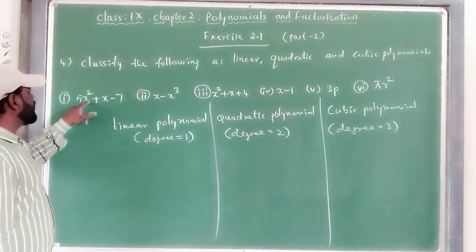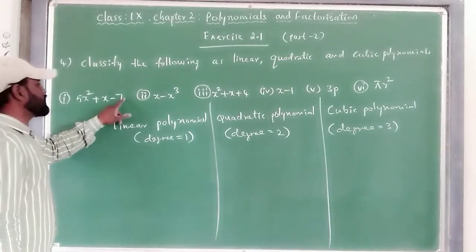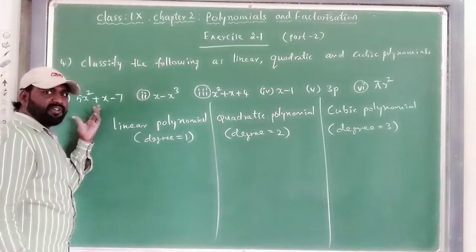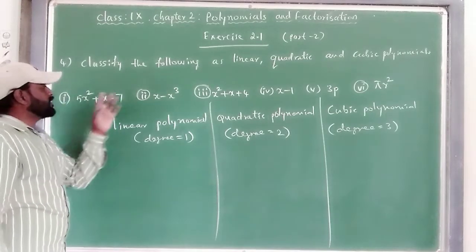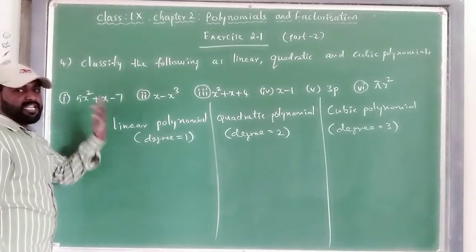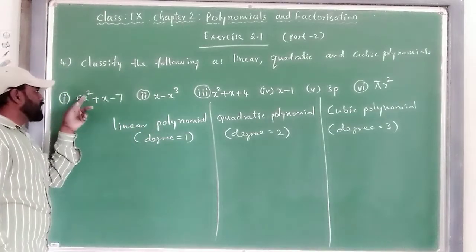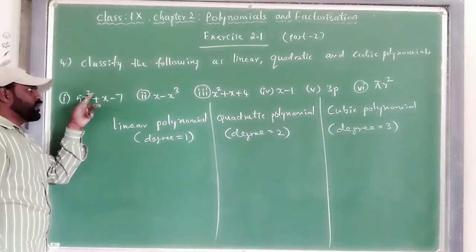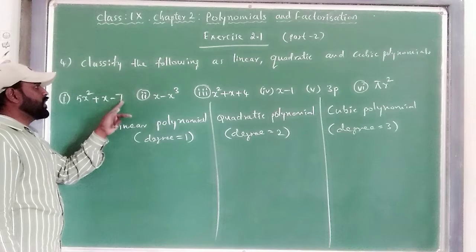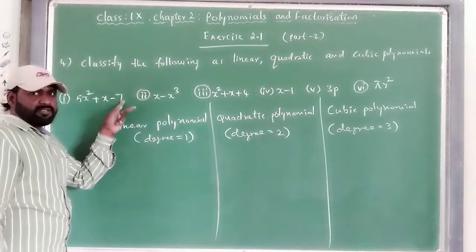First one we see, 5x square plus x minus 7. Here, what is the variable actually? x is a variable. How many terms are there actually? 1, 2, 3. 3 terms are there. In all the terms, you have to see the variable's exponent. First term, the variable is x and its exponent is 2. Second term, the variable is x, its exponent is 1. Third term, there is no variable at all, it is a constant term.